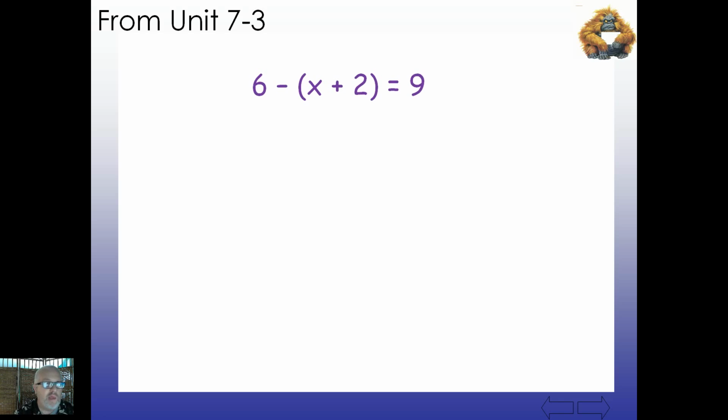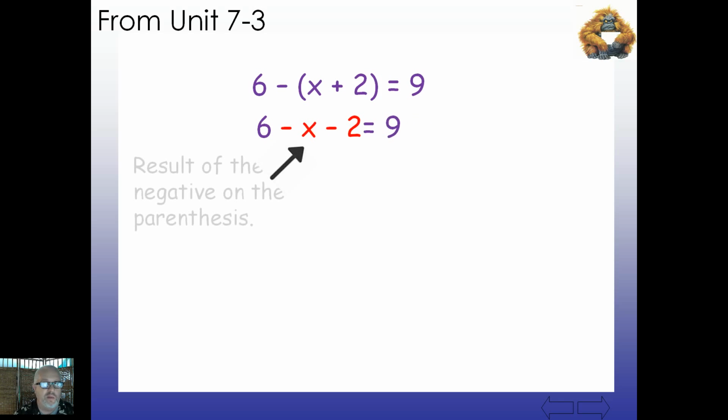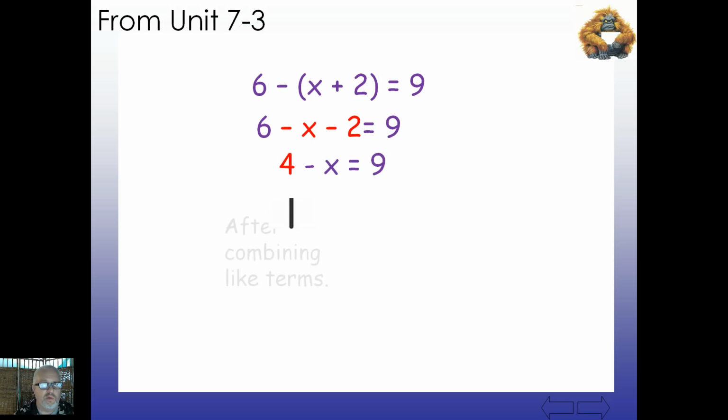All right then, did you apply that negative to both the x and the positive 2? So hopefully you end up with this. This is the result of the negative outside the parentheses. 6 and negative 2 should work well together, so let's go ahead and get rid of those. And now, go ahead and let's get rid of that 4, okay? Because we want to get that x by itself. This is going to leave us with negative x equaling 5.